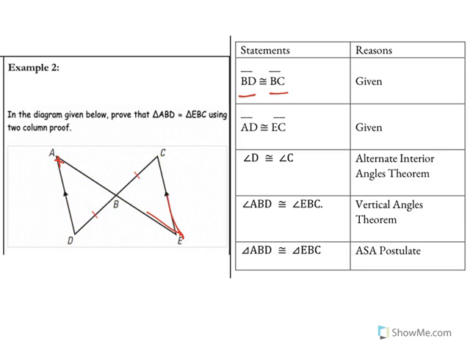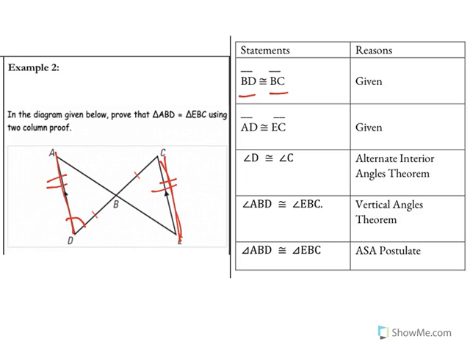So the tick marks help us to know what information is already there. Then I see that AD and EC are going to be congruent. And that's also given. There should be tick marks there if we know that they're congruent.